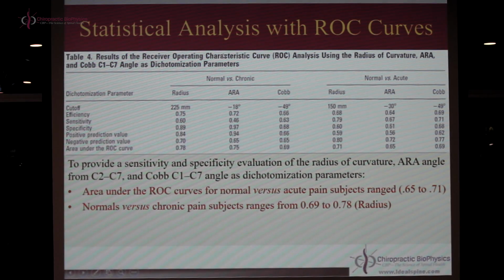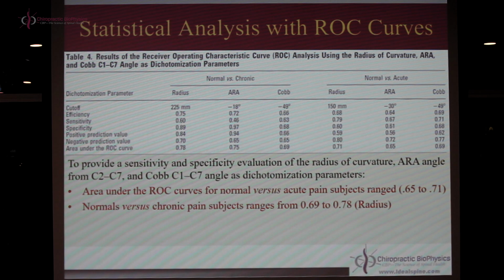So this table right here, results of the receiver operating characteristic curve analysis using radius of curve, ARA, and Cobb angles, right? So let's just look at the area under the curve. Normal versus chronic. Can we use 20 degrees or 22 degrees, whatever it comes out, to discriminate between my subjects?